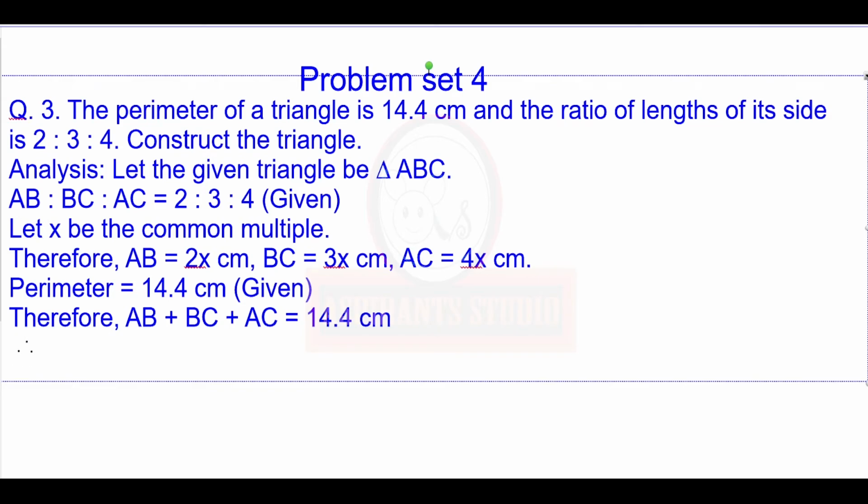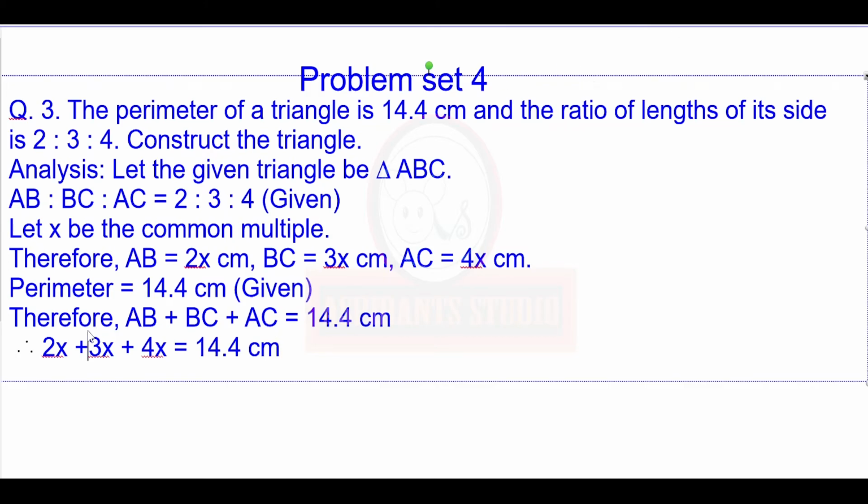Perimeter is given to be 14.4 centimeters. Therefore, we get AB plus BC plus AC is equal to 14.4 centimeters. Now, we are substituting the values of AB, BC and AC. So, we are getting 2x plus 3x plus 4x is equal to 14.4 centimeters.